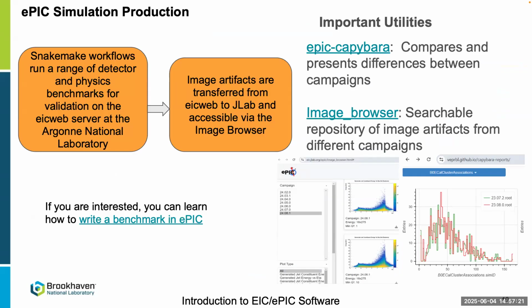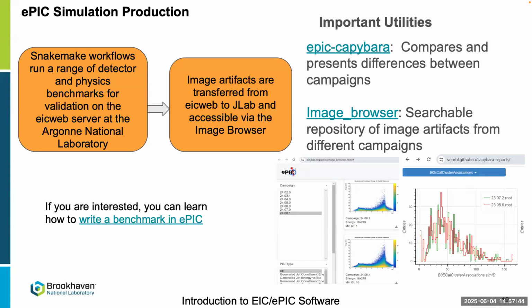another thing, still going through some motivations here. We also run validations on these large data sets. So we have some workflows that run a range of detector and physics benchmarks. And this all runs on the EIC web server at Argonne National Lab.